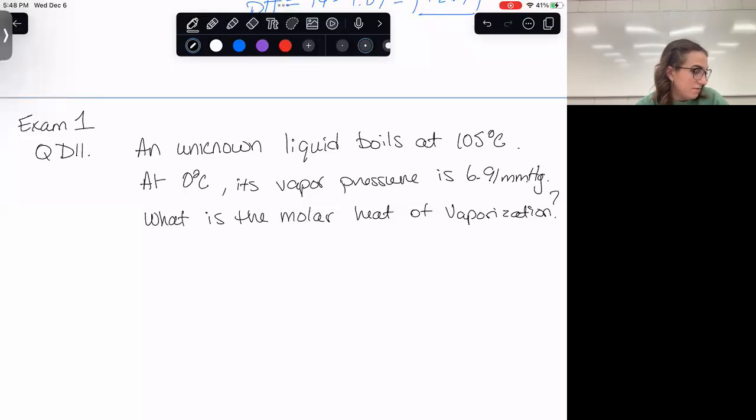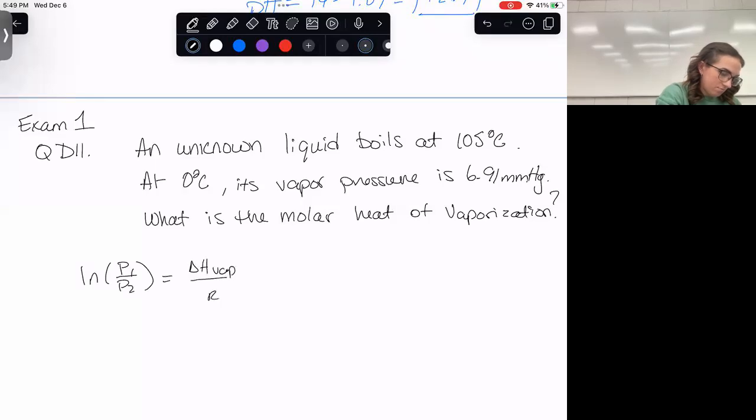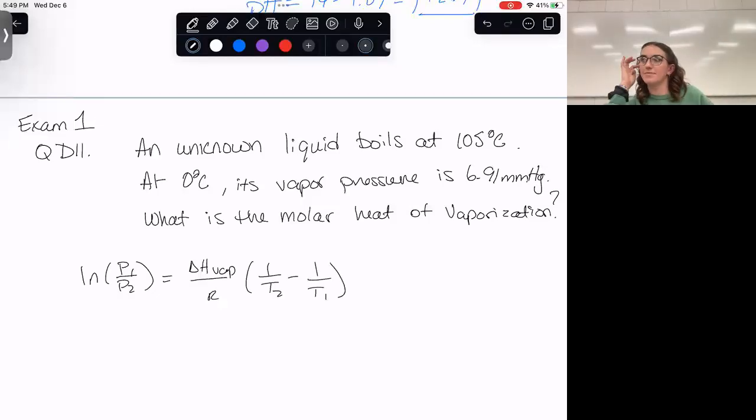At 0 degrees Celsius, its vapor pressure is 6.91 millimeters of mercury. What is the molar heat of vaporization? And what equation were you trying to use? This is ln of P1 over P2 equals ΔH over R, multiplied by 1 over T2 minus 1 over T1. So I got stuck because I don't have another pressure.